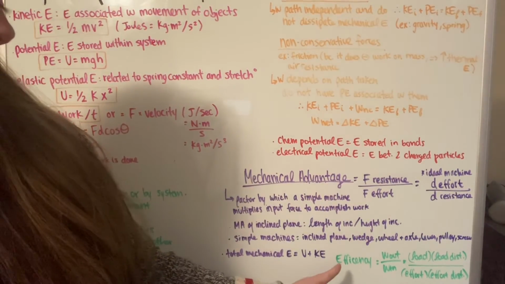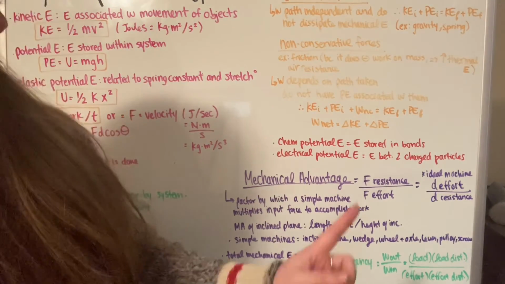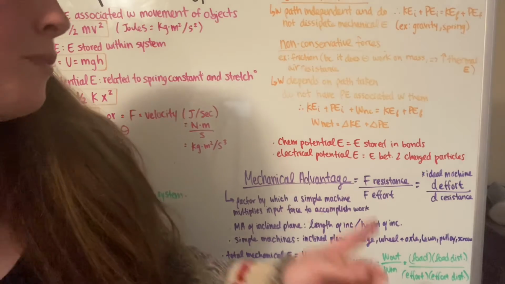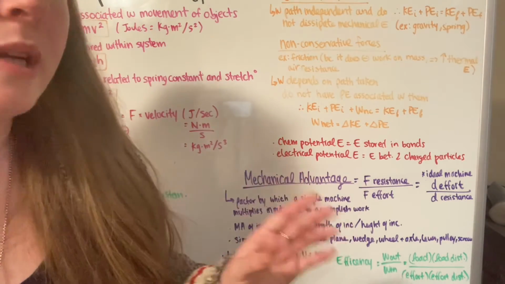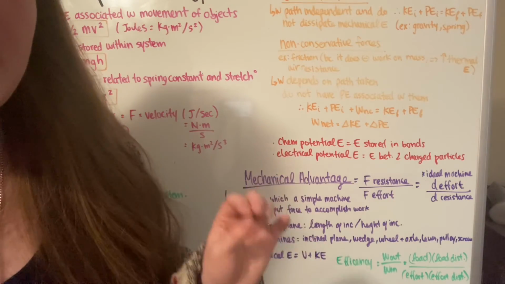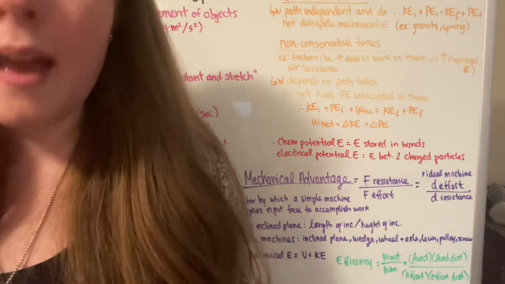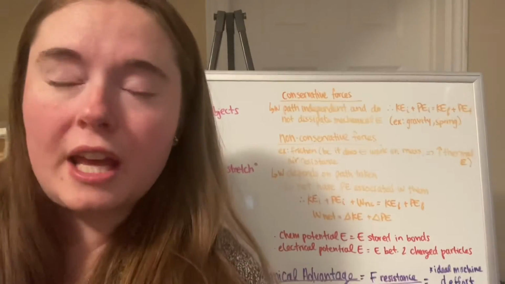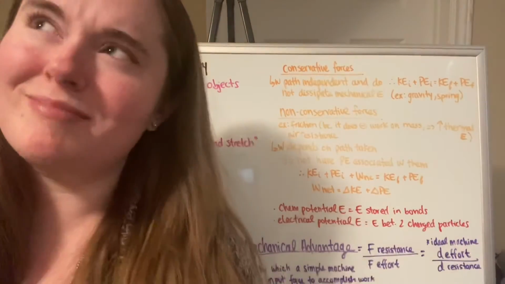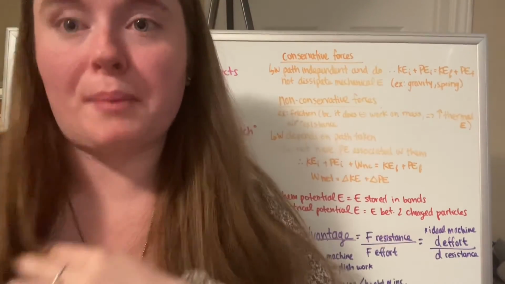So efficiency is the work out over the work in, and that equals the load times the load distance divided by the effort times the effort distance. And again, something like that makes a little more sense in the context of a word problem or something like that.